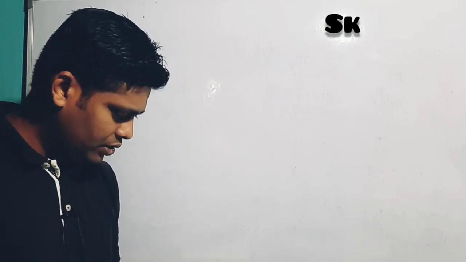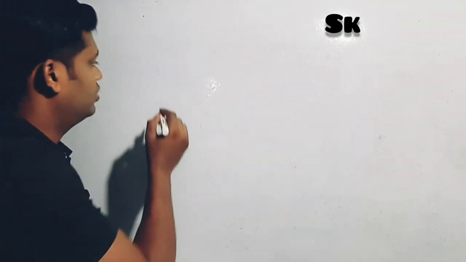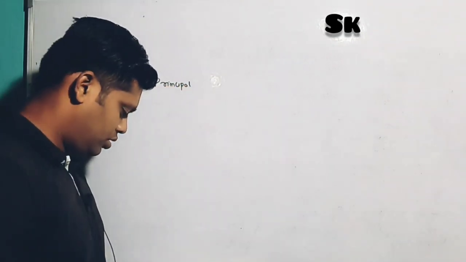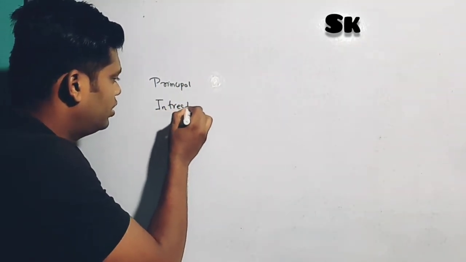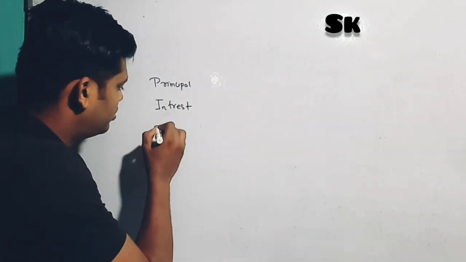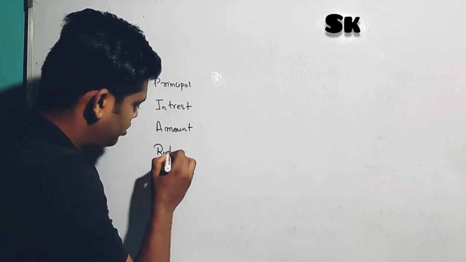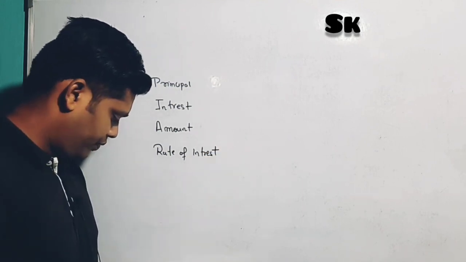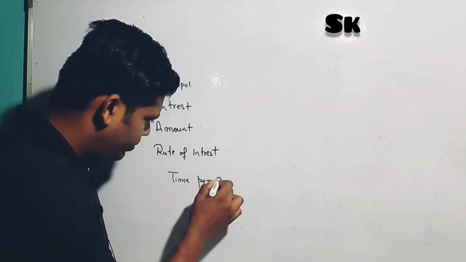Going to start a new chapter, that is simple and compound interest. Okay, so before that you need to understand some of the terms: principal, interest, amount, rate of interest, and time period.